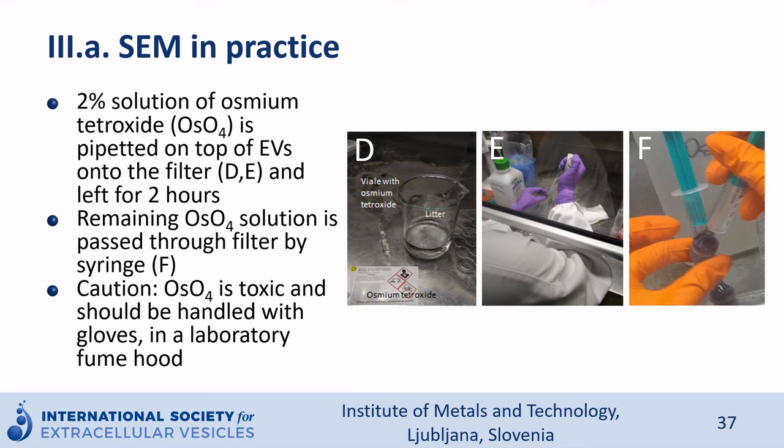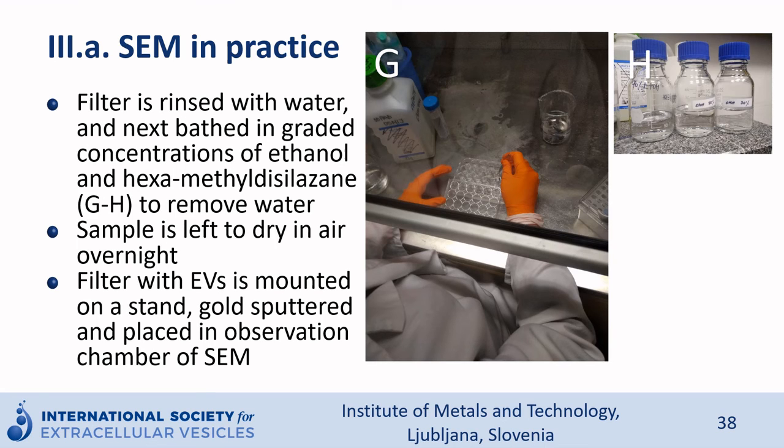Then the solution is pushed through the filter by syringe, hopefully leaving fixed vesicles on the filter. The chamber is disassembled and the filter is subjected to consecutive bathing in graded solutions to remove water. The filter spends about 10 minutes in each solution. Then it is left to dry in air overnight.